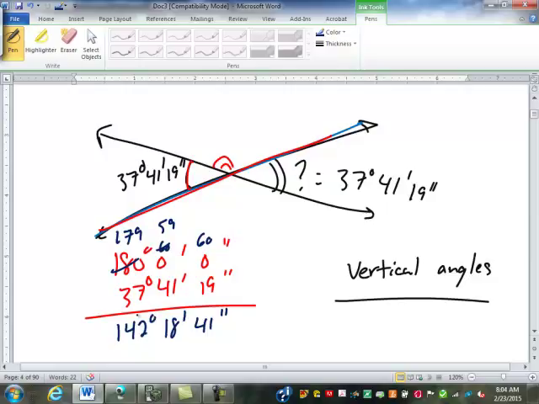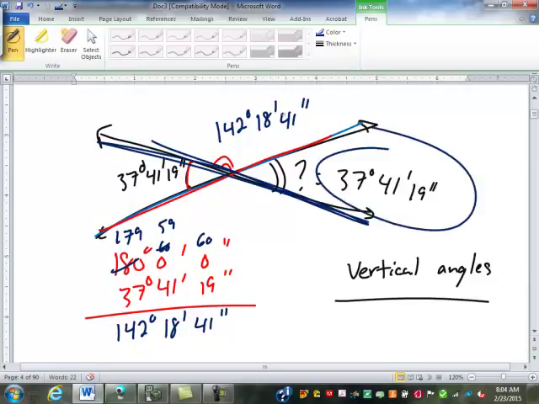So we get this angle here, which means it has to be supplementary with this angle, so we have to subtract from 180, which gets us right back to where we started, the 37, 41, 19.